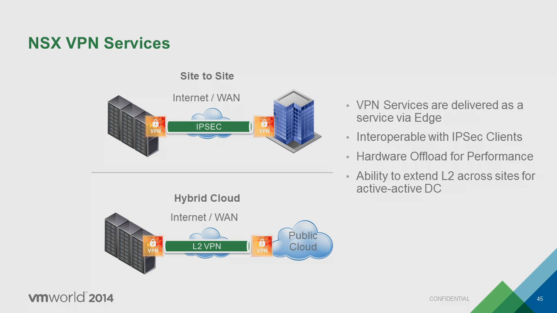The bottom part is data center to data center, or data center to hybrid cloud connectivity, where we leverage SSL VPN for this type of L2 VPN tunnel. It can extend not only L2, but L3, L4 through 7 services between data centers of the same organization, or even into the cloud.